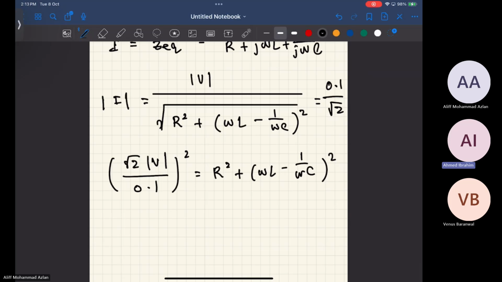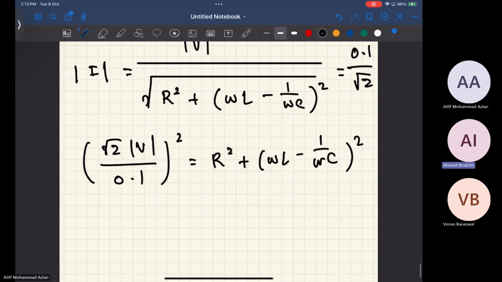Now you might be tempted to just expand this and end up with a quartic, but that's going to be a lot of algebra. So a smart trick you can do here is realize that you can just solve for this as a variable. And then once we have this as a variable, we can solve it again to find what omega is.